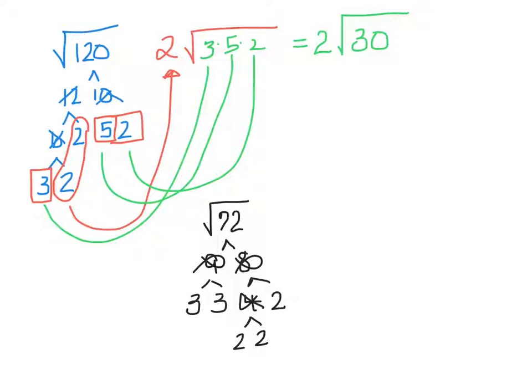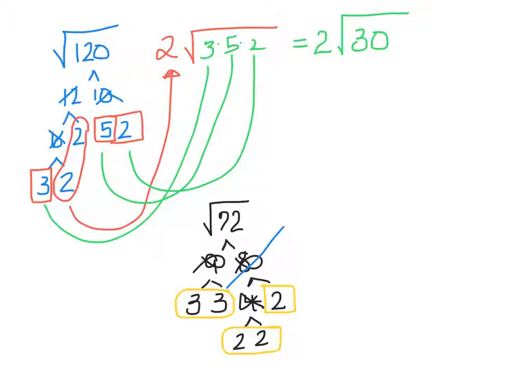Now, the second step, after we've done the factors, is to find the pairs of numbers. So we look here and we see 3 is a pair, 2 is a pair, and we have a single 2. So where do the pairs go? Pairs go on the outside.